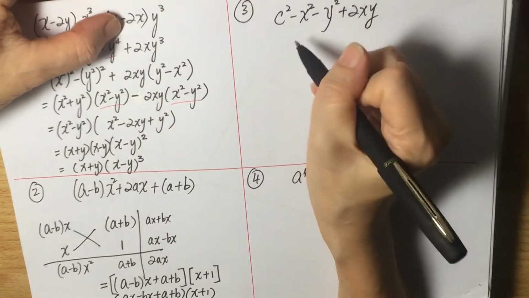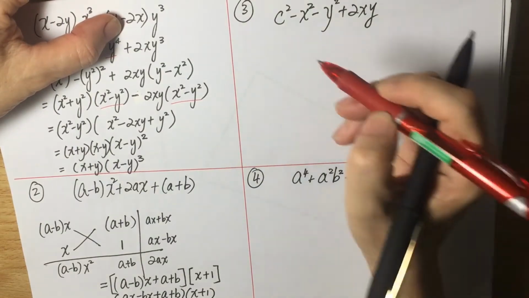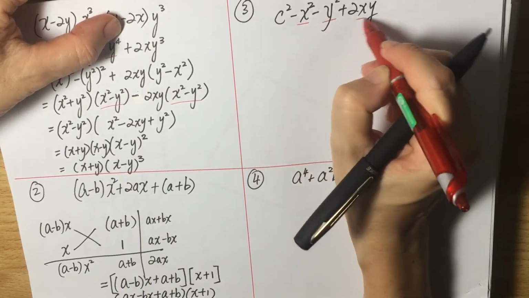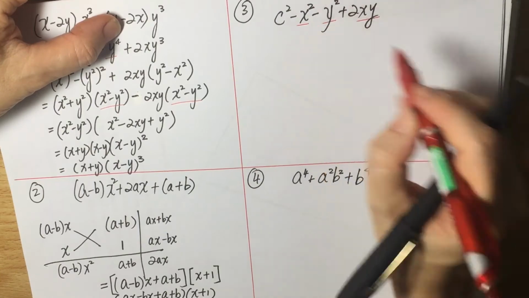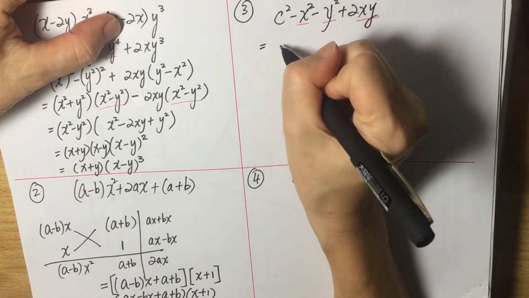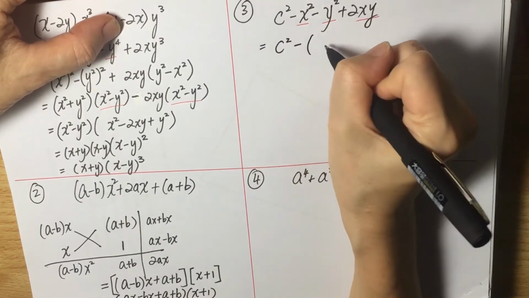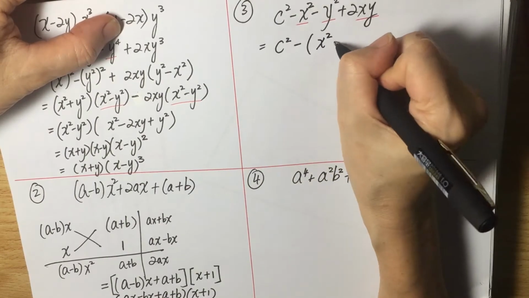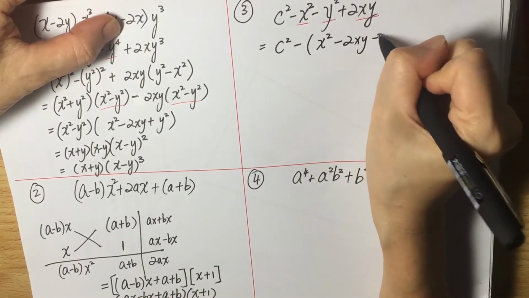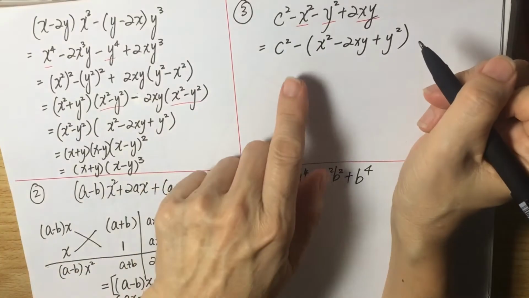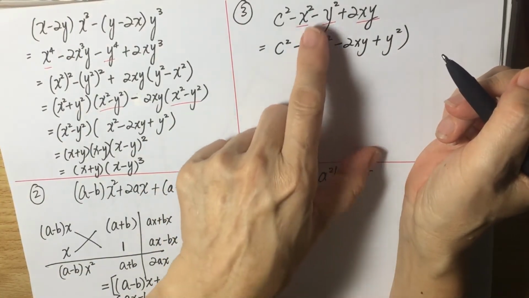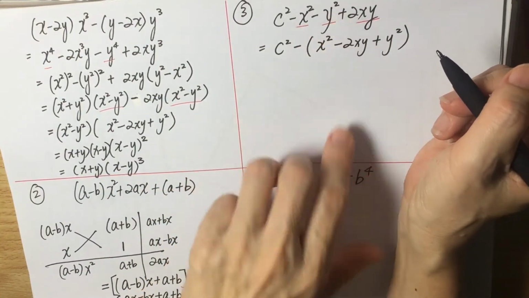Okay, question 3. Can you see x squared, y squared, x times y? So these 3 are in the same family. So I have c squared minus (x squared minus 2xy plus y squared). You check, you get back this one, right?